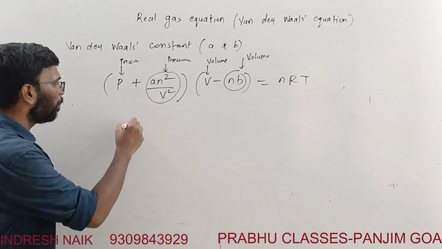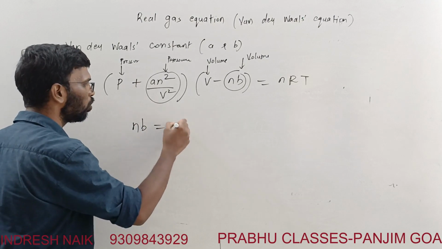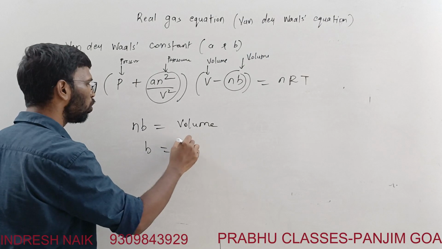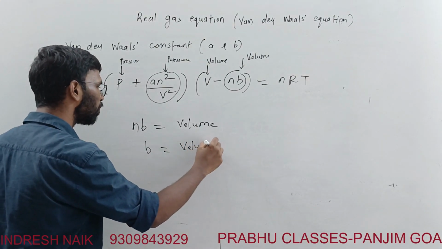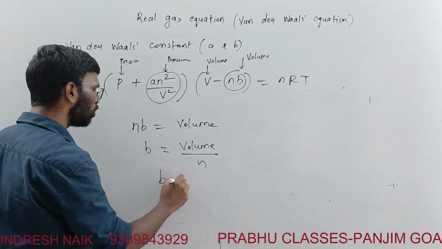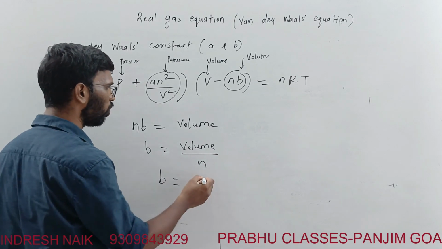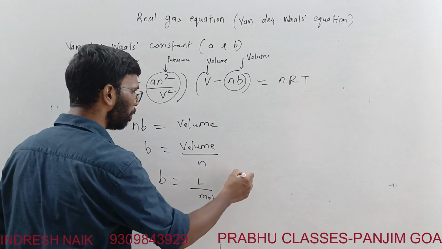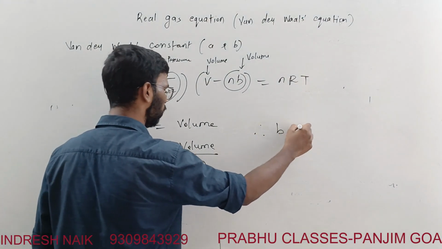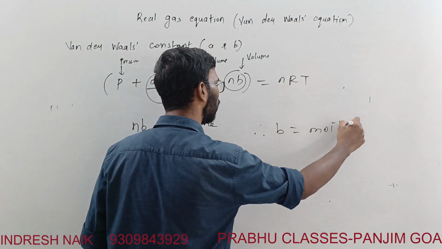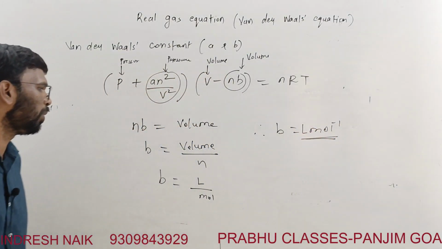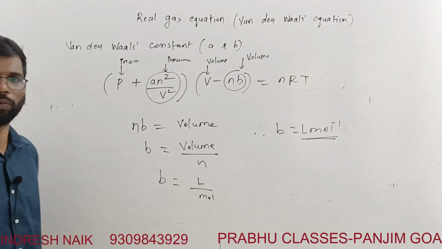So nb is equal to volume, so b is equal to volume upon n. Volume will be in liter, and this is in mole. So the units of b will be liter per mole. Okay, this will be the units of b.